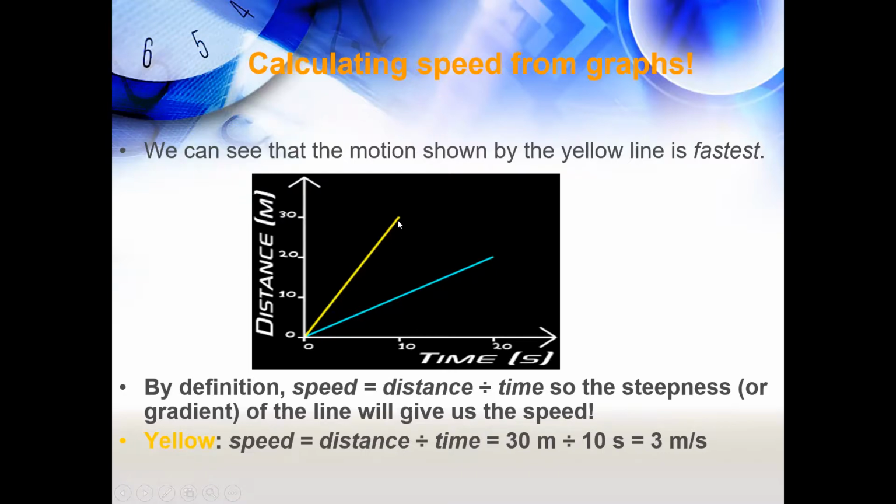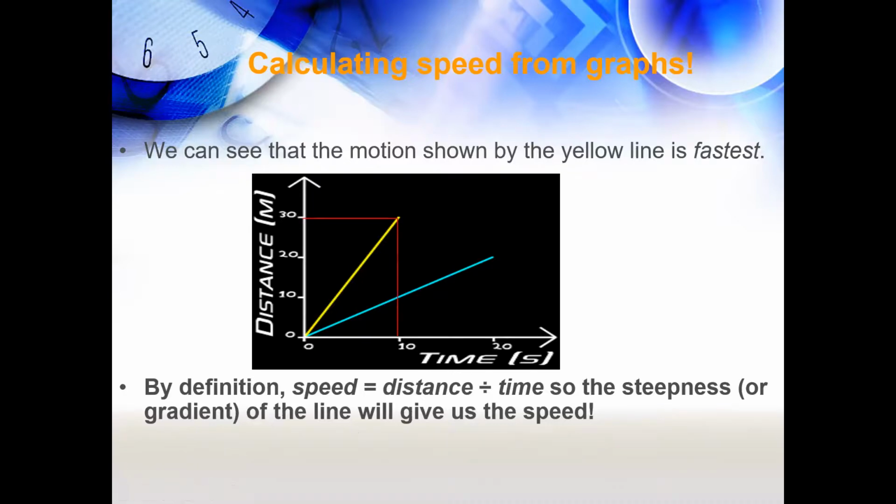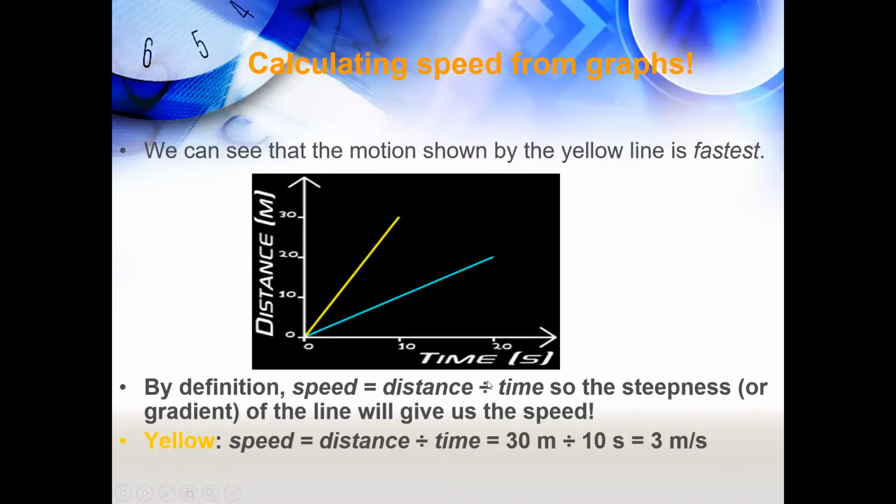So if we take this point at this location, and the other point at 0, 0, we will divide 30 by 10. That would give us the speed, distance divided by time. It covered a distance of 30 meters, and the time it took was 10 seconds. So distance divided by time is equal to speed, and that is equal to 3 meters per second.